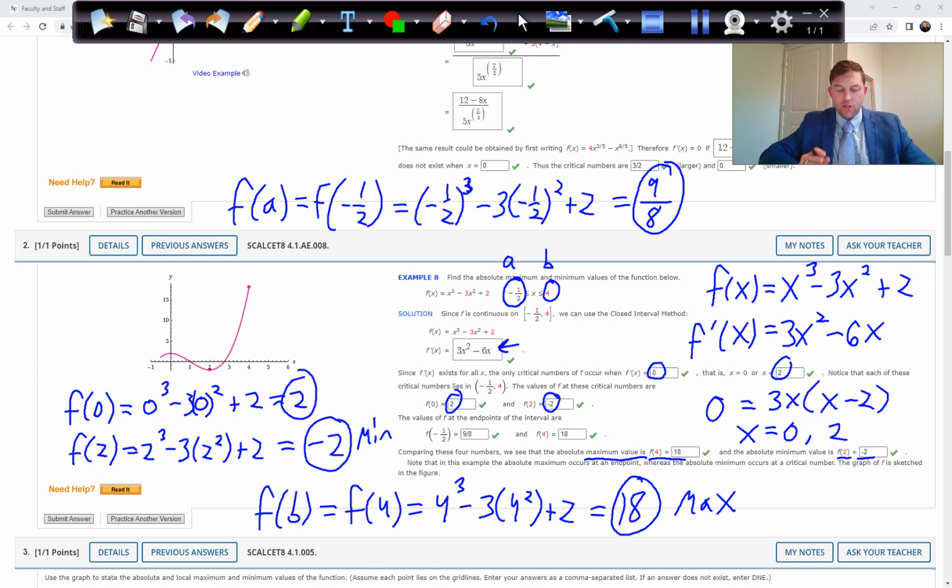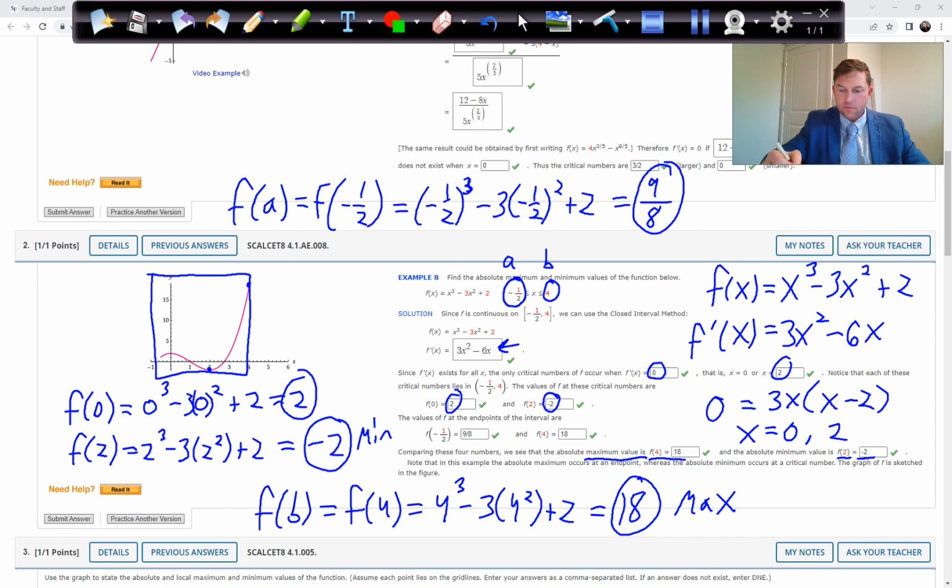We'll check the derivative x values, and then we'll check the interval x values, so the lowest number in the interval and the highest number in the interval. And so like I had started off with, we're basically boxing in. I'm making a box like this, and in that box, I want to check what's the highest value, what's the lowest value. And so we find this is the highest, and this is the lowest right here.